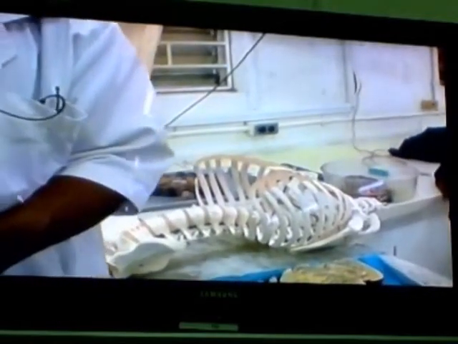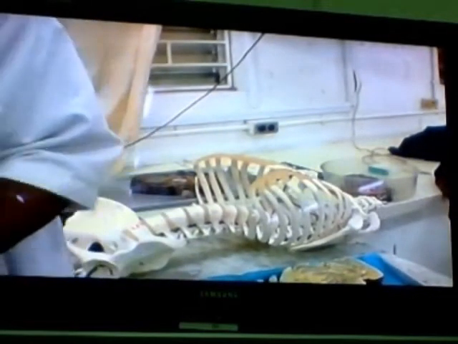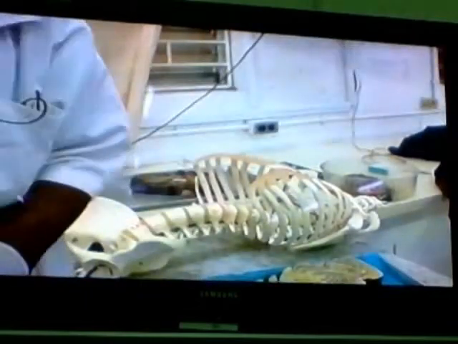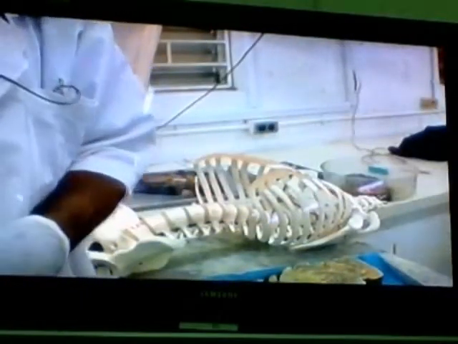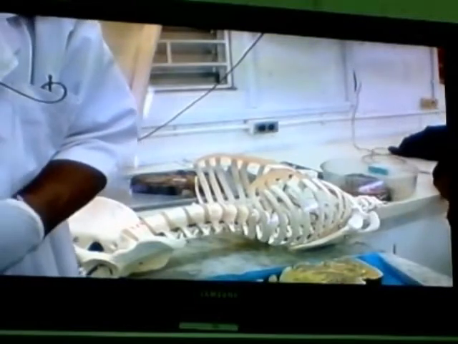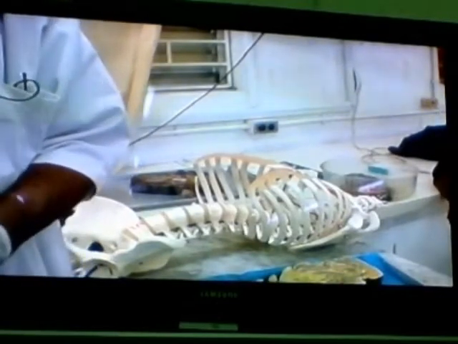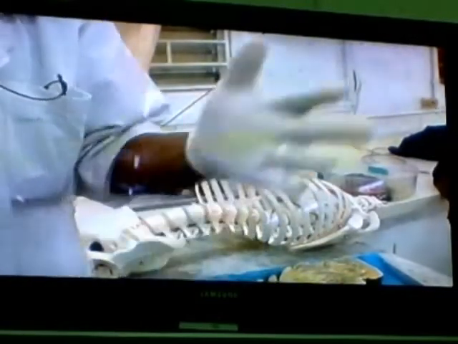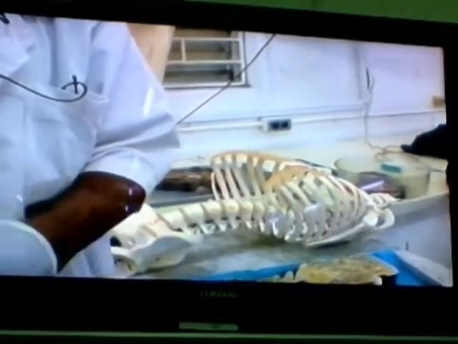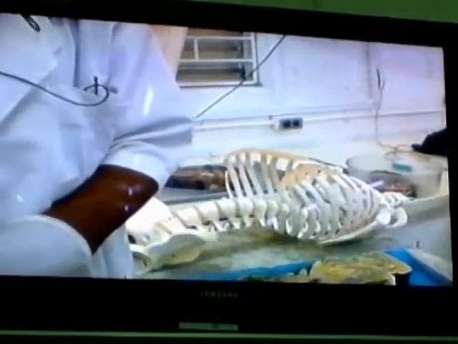So what do I have to do? Post-mortem. So I open up the baby's chest, and when I look inside, in the chest I'm supposed to find lungs. But you know what I find up in there? Bowel. Bowel in the lung. Bowel inside the thoracic cavity.